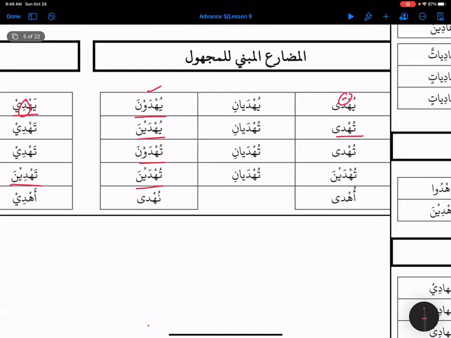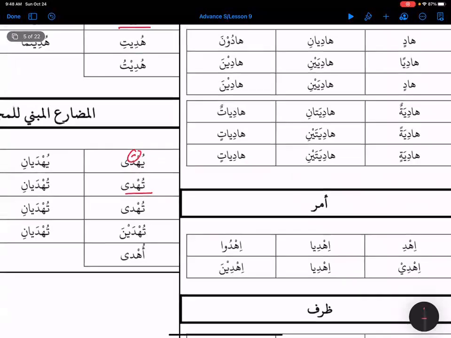Tuhda, tuhdayani, tuhdauna, tuhdaina, tuhdayani, tuhdaina. Ana uhda, nahnu nuhda. Yes. Okay.